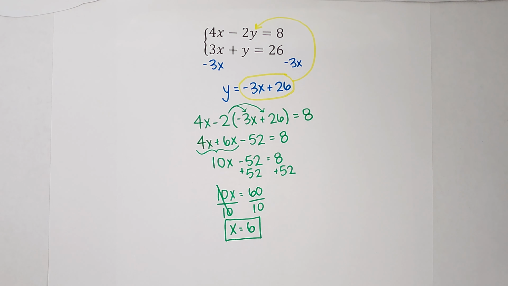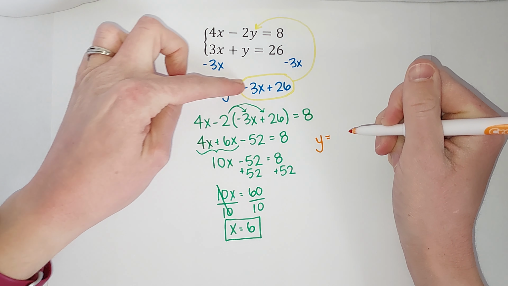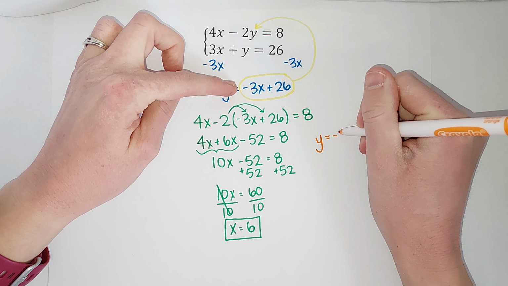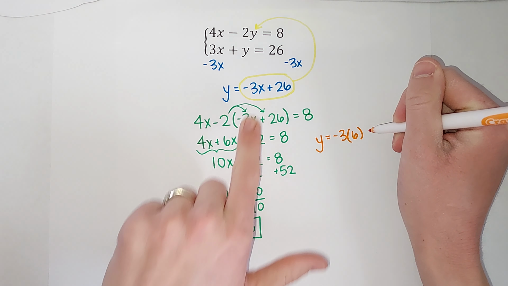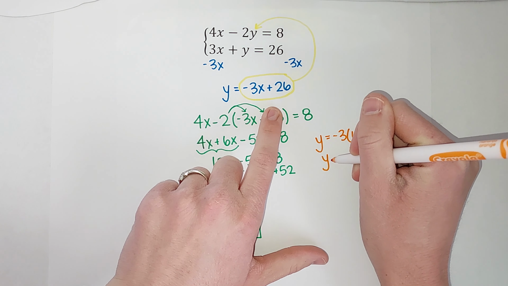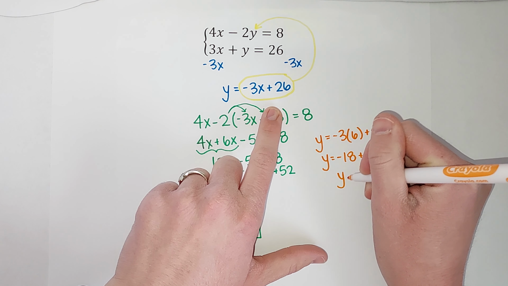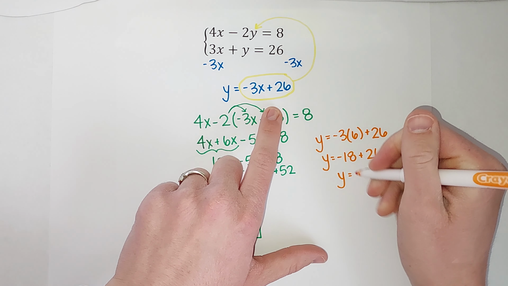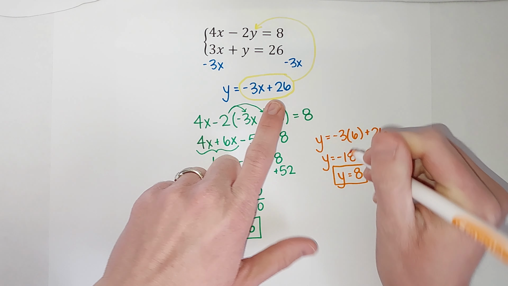So I will have y equals negative 3 times x, which is 6, plus 26. Okay, so then I have y equals negative 3 times 6 gives me negative 18, plus 26. Negative 18 plus 26 gives me 8. Okay. There is my y.